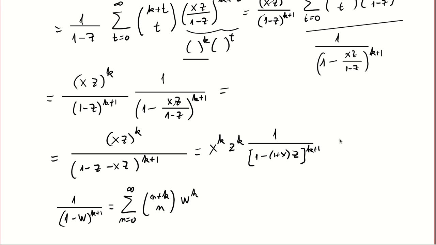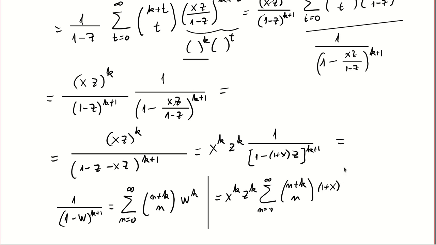So this function here is equal to x to k, z to k, and then you have the sum from n equal to 0 to infinity of (n plus k over n) times (1 plus x) to the n, and here you have z to the n. That's right.